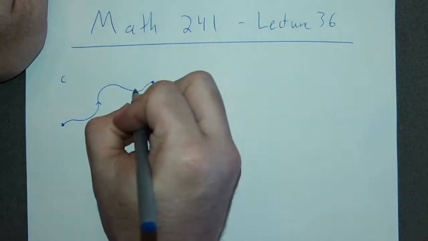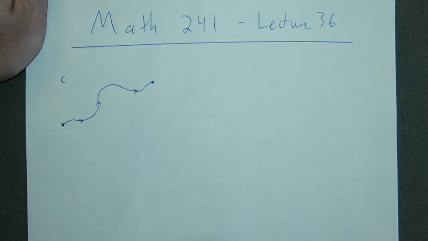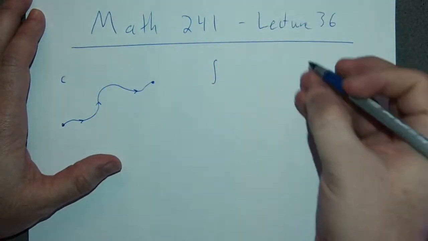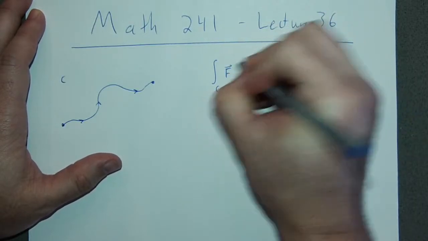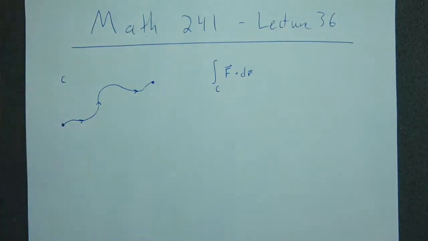So let's say that the orientation along this curve C is this one. Now, I have mentioned previously that when I am computing the line integral of some vector field along a curve C, so here's my notation for that. Here's my f.dr underneath my integral sign.